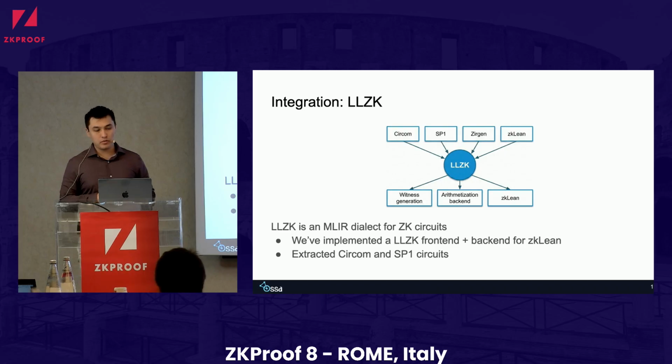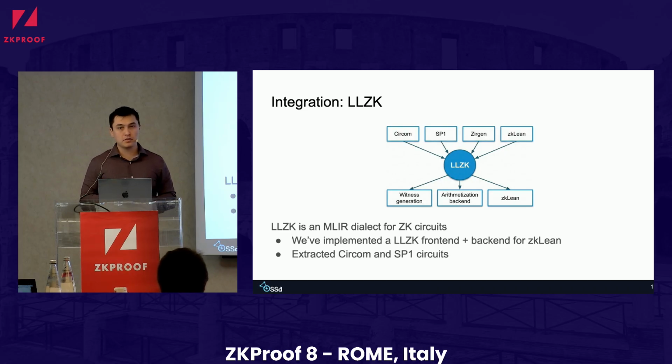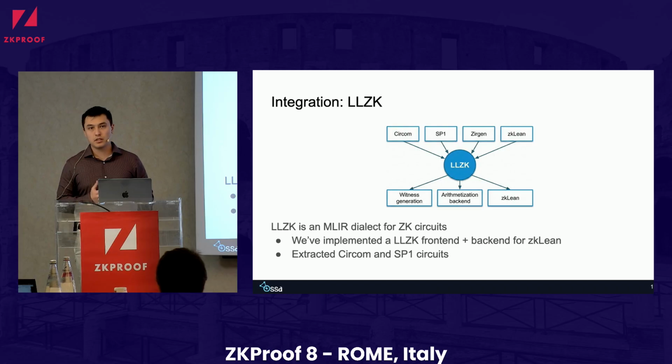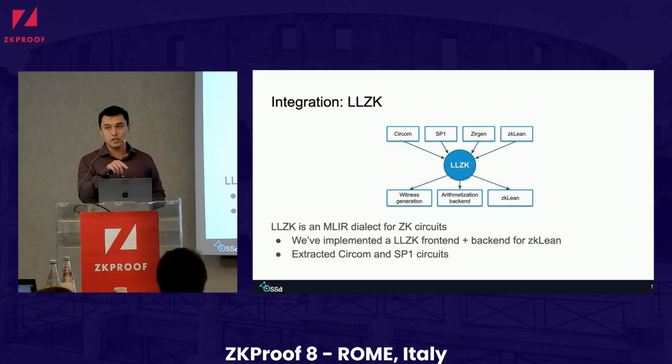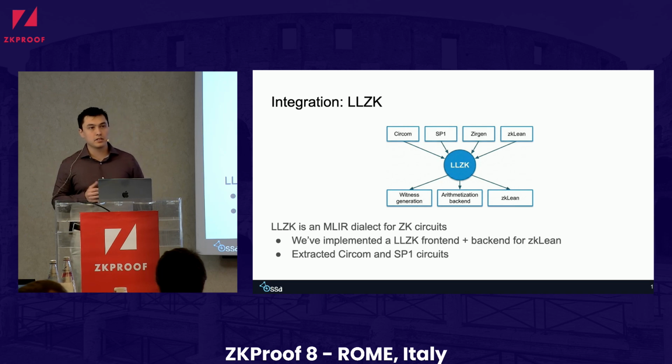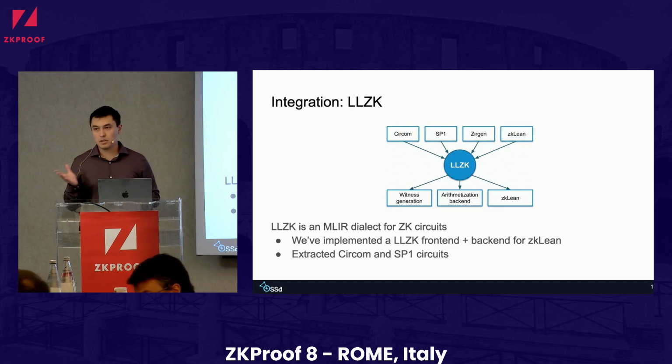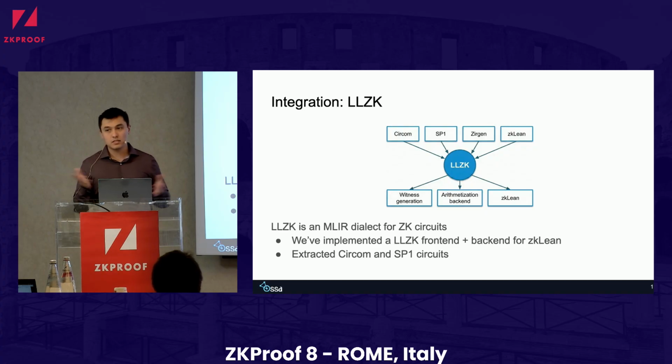So what we've done is implement front ends and back ends for zkLean. Let's say you write your front-end statement in zkLean, compile it to LLZK, and then use LLZK to compile it to whatever backend you care about, like R1CS, or eventually probably AIR. For front ends, we have Airbender now as well, and Martin over there is working on more.